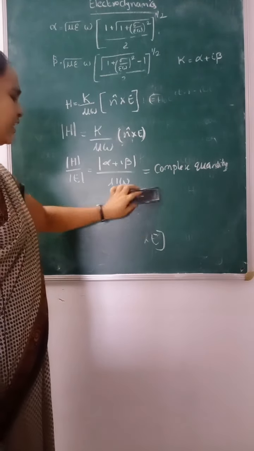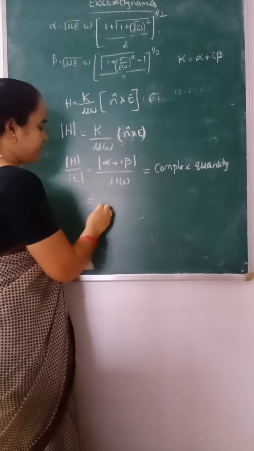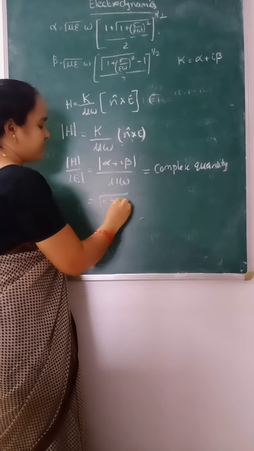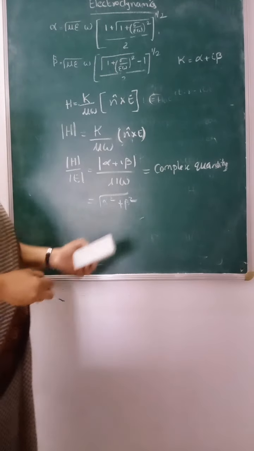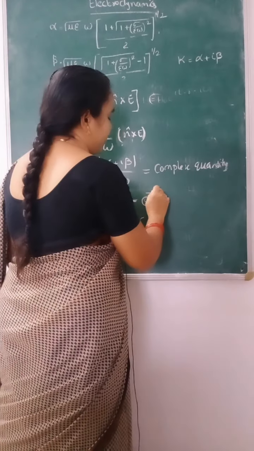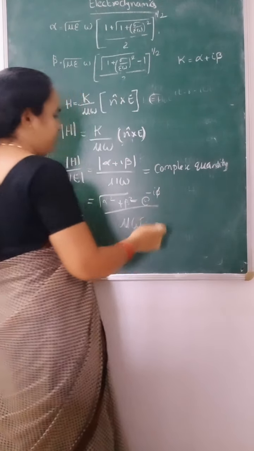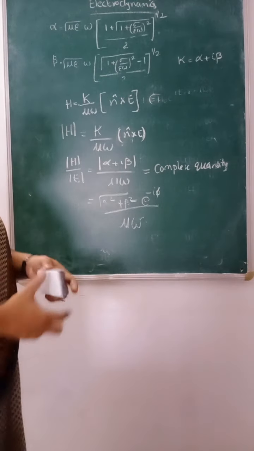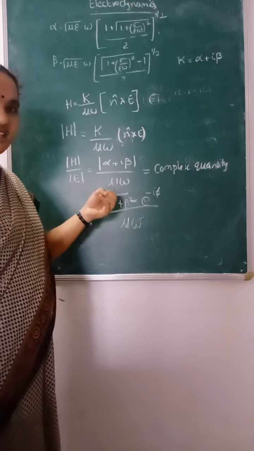So we can calculate its magnitude. The modulus of any complex quantity is root of alpha square plus beta square. Since it is out of phase, it is out of phase by the factor e power minus i phi, divided by mu omega. If you are able to calculate these values, we can substitute them or we can leave it like this.